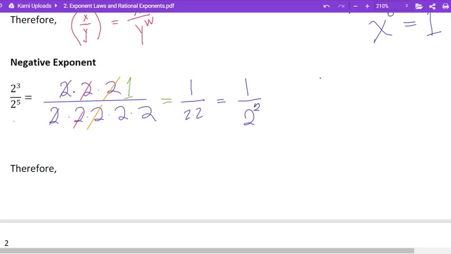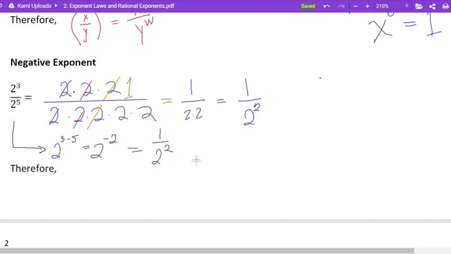Now, if I just used the quotient law and I said, okay, that's going to be 3 minus 5, I would get 2 to the power of negative 2. Agreed? Well, what I'm seeing is when I have 2 to the power of negative 2, that also equals 1 over 2 to the power of 2. So what does the negative tell me?